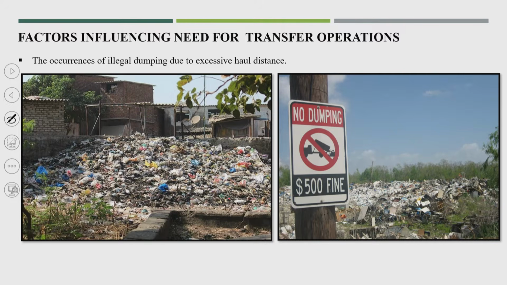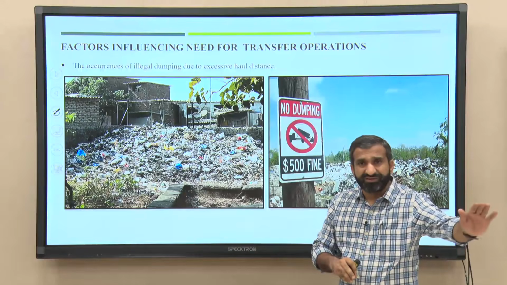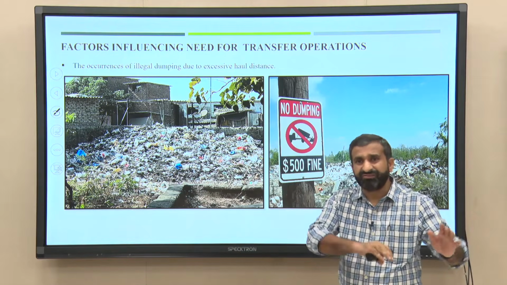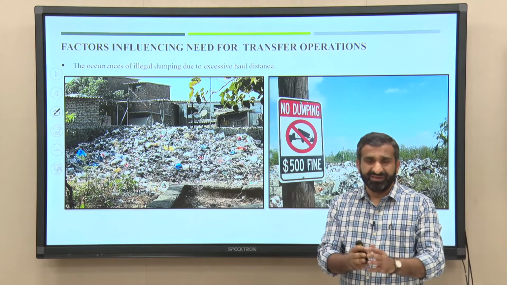Even though many authorities have already put some fines for disposing of waste in such areas, because of the excessive haul distance, it is very difficult to stop the illegal dumping. And it is not only from the residential area, but the crew members also, because they have to travel very far, a very high haul distance. So, they will also dispose of the waste wherever they find an open area.